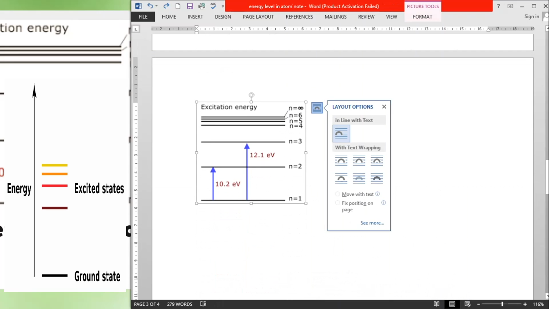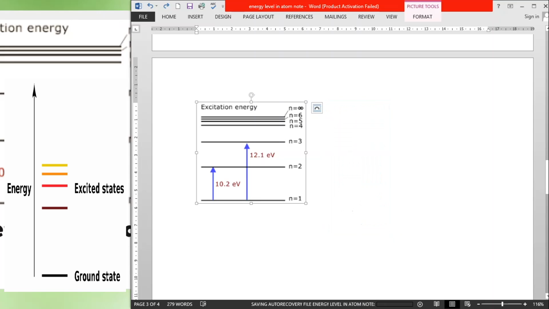We are going to look at diagrams of the excitation energy. When the electron moves from N1 to N2, it gains 10.2 electron volts. So when it absorbs 10.2 electron volts, it moves from N1 to N2, and when it moves from N2 back to N1, it loses 10.2 electron volts. The electron moves from N1 to N3 by absorbing 12.1 electron volts.